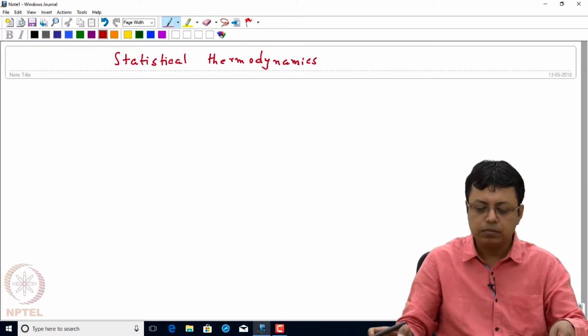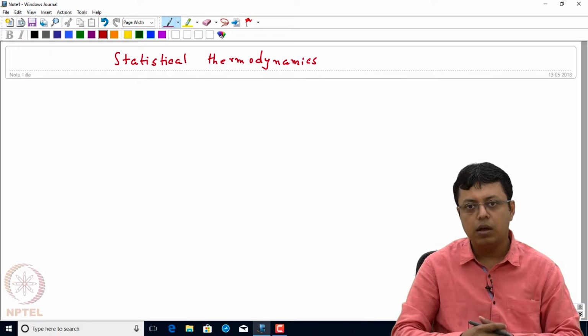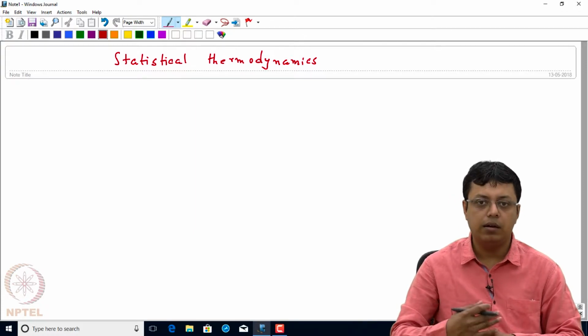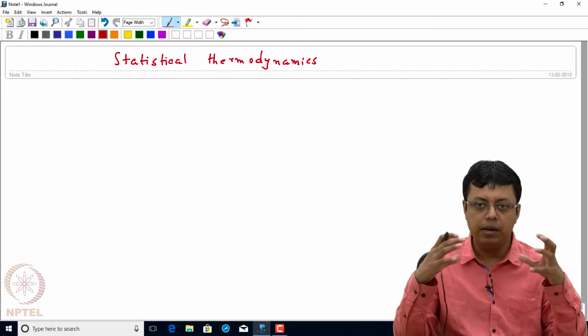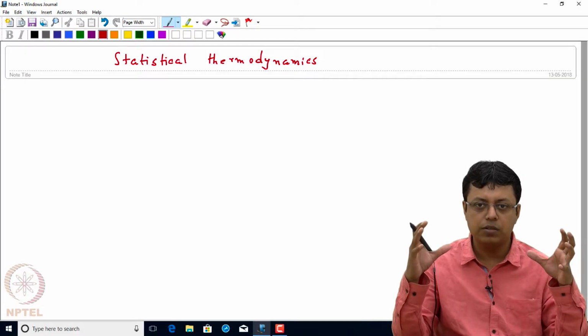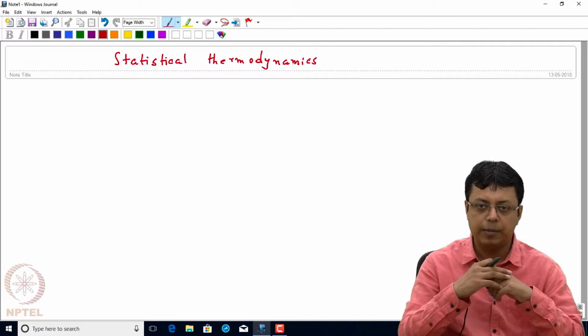Around 1880 or so, Boltzmann showed that Maxwell's distribution of molecular speed or molecular energies can actually be derived if you assume that any matter is composed of molecules, and if you just talk about the statistics of those molecules, you can derive the entire thing.